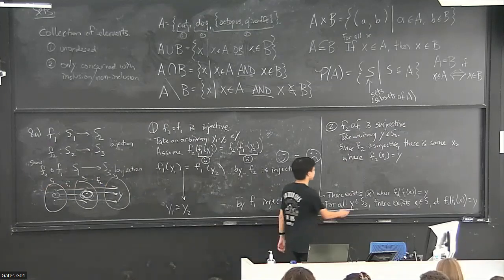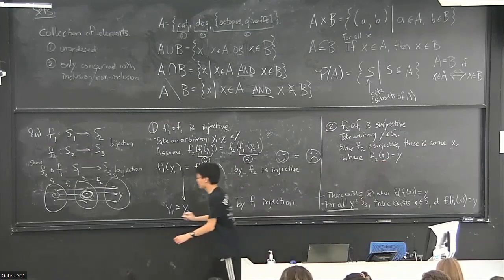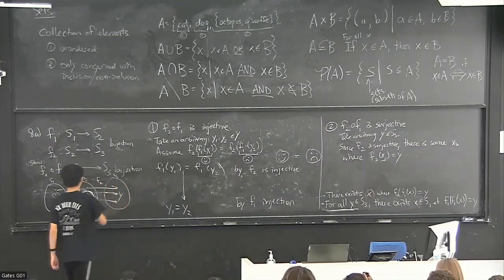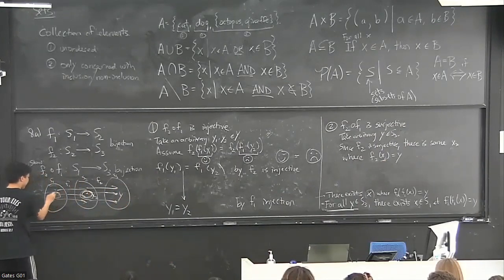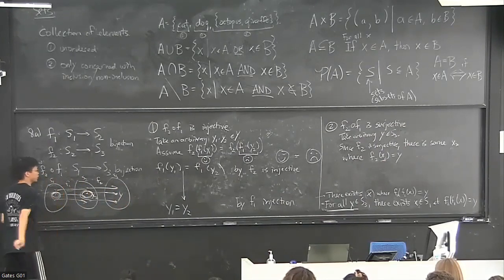Now, what about this x2? This x2 is the thing right here. Can I keep backtracking? I can keep backtracking because I know F1 is surjective.